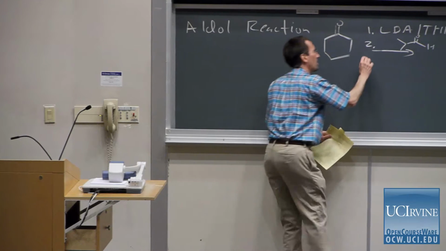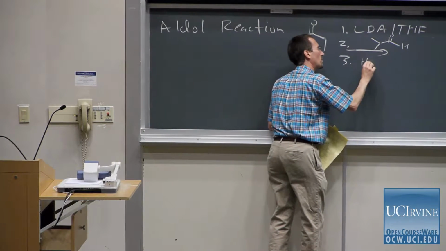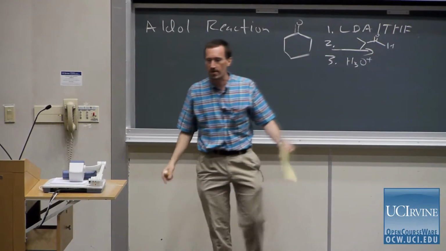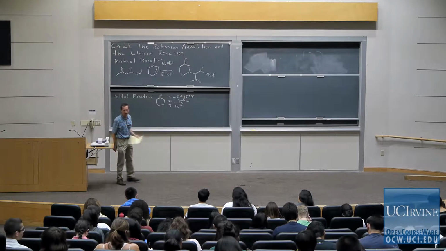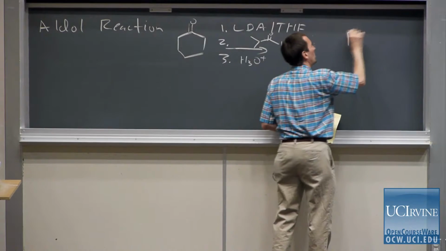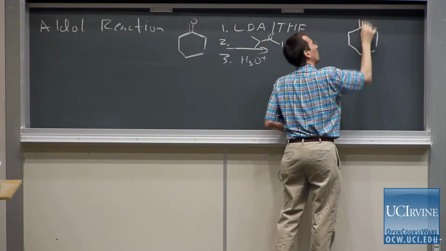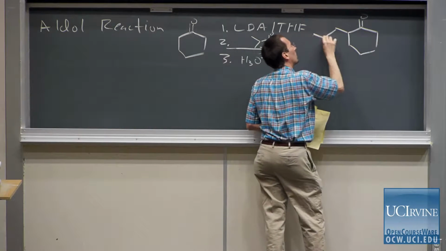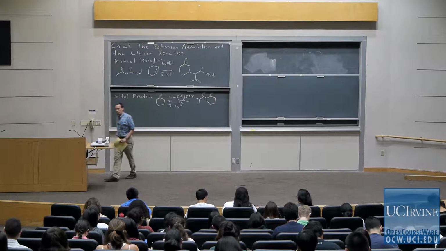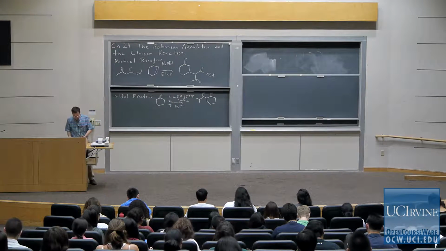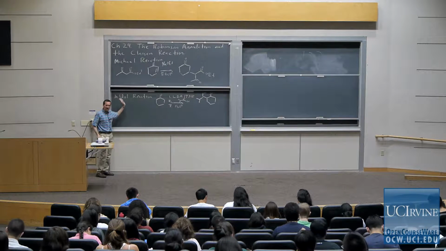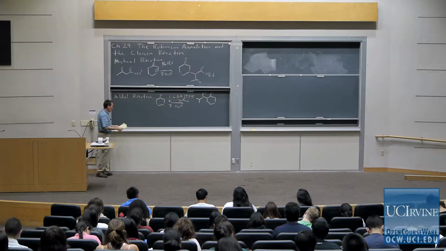And then we carry out an aqueous workup, and I wrote, in one case, aqueous ammonium chloride, in another case, generic H3O+, what you'd get from throwing an acid into water like HCl in water. And so the product in this case was a beta-hydroxycarbonyl compound.